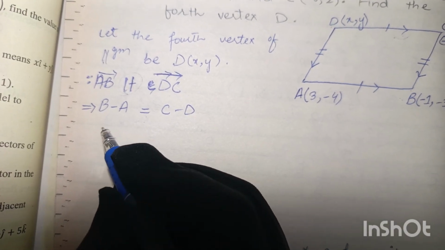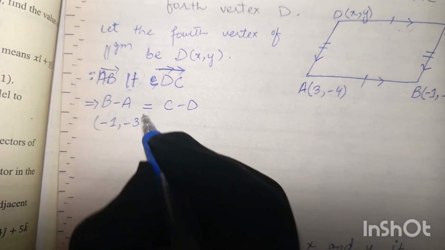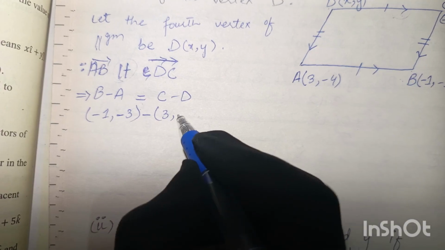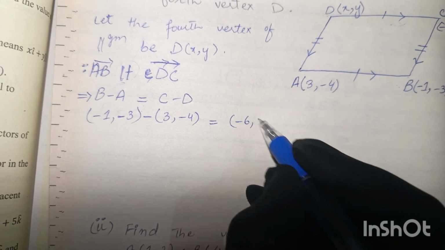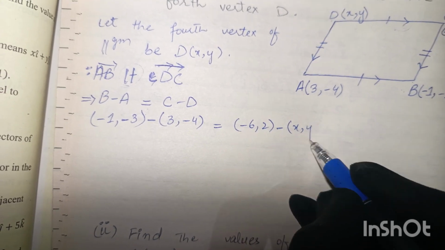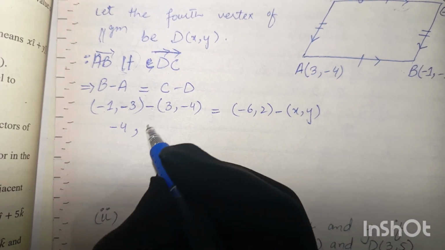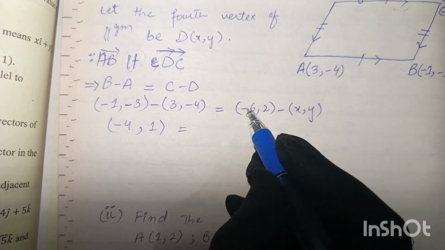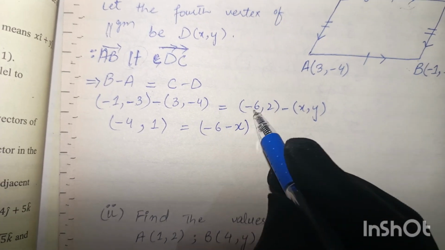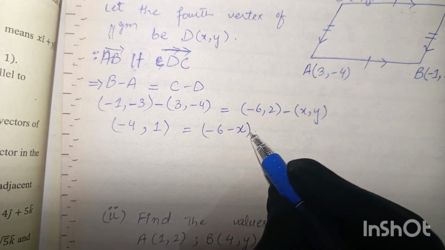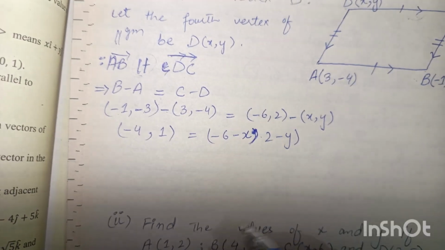So B minus A means B is (-1, -3) and A is (3, -4), and C minus D, C is (-6, 2) and D is (x, y). So -1 minus 3 is -4, -3 plus 4 is 1, -6 minus x, and here is the comma, so 2 minus y.